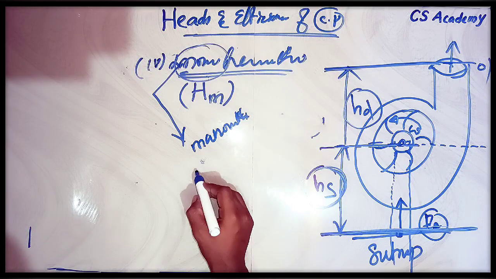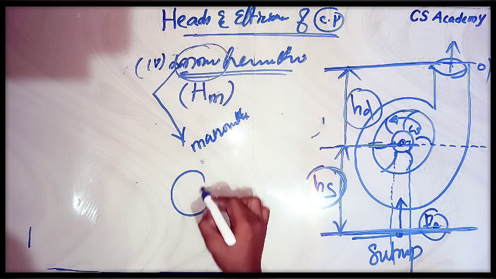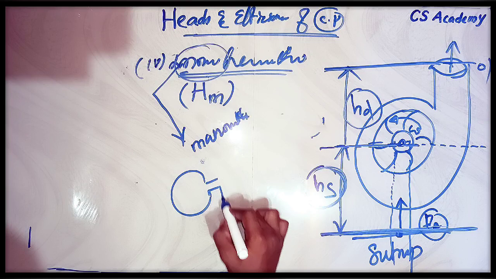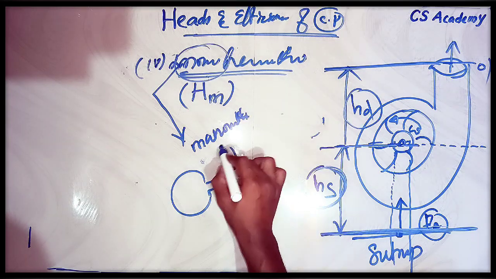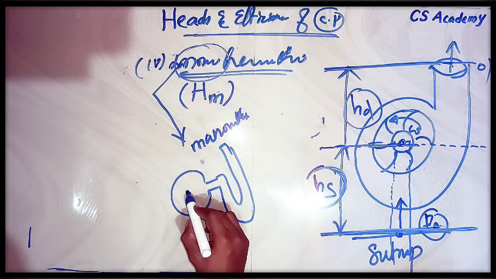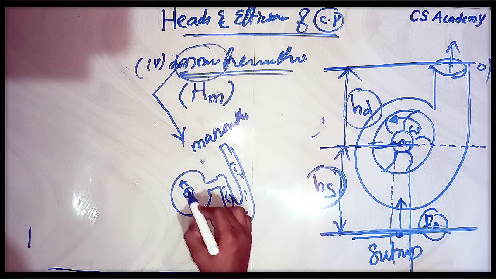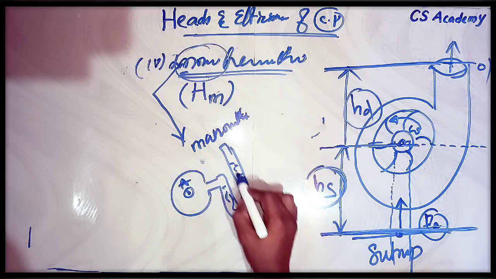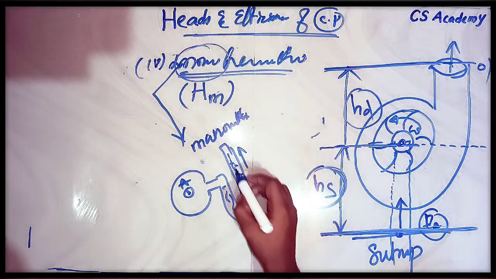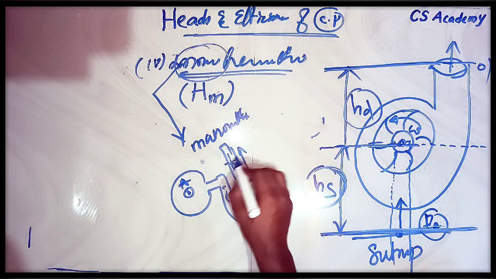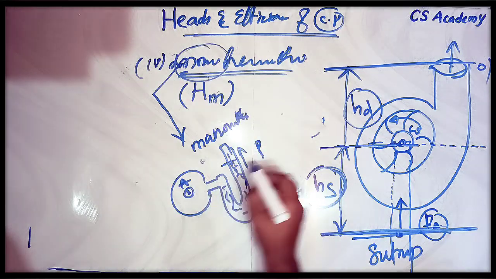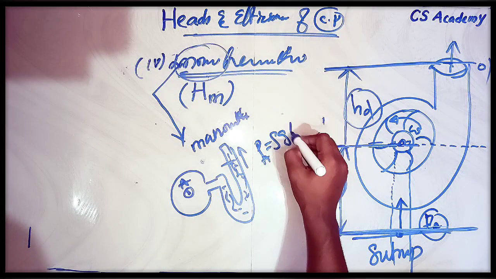Here, if you see the word manometric, as we saw in manometers, let us consider a pipe. We arranged one manometer to this pipe to calculate the pressure. Yes or no? Here we are calculating the pressure at point A with the help of this manometer. Because of this pressure variation, the manometric fluid is varying in height. As the height is varying, we calculate the pressure at this exact point, and the pressure at point A is nothing but rho g h.